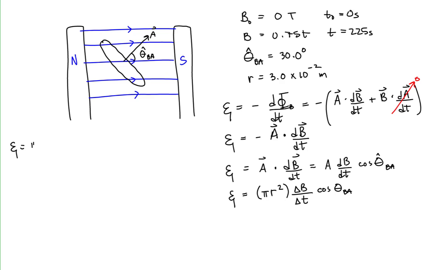The EMF is equal to pi times the radius squared. The radius is 3.0 times 10 to the minus 2 meters, quantity squared, times the final magnetic field, which is 0.75 Tesla, minus the initial magnitude of the magnetic field, which is 0 Tesla, over the time interval of 225 seconds, times the cosine of 30.0 degrees.